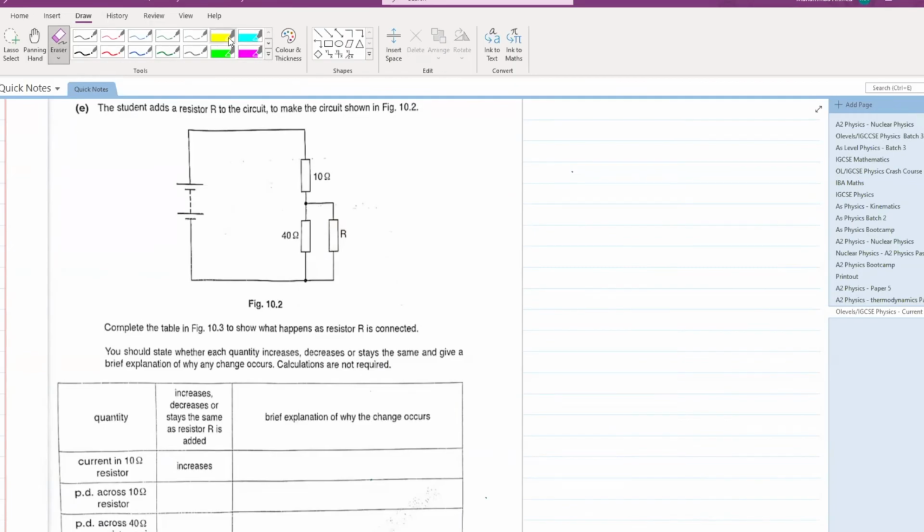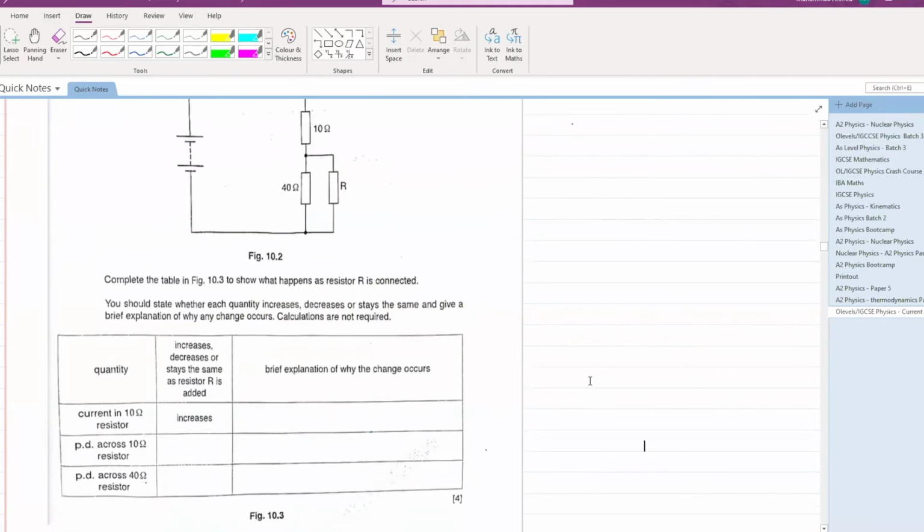Okay, let's read this question out. The student adds a resistor R in the circuit to make the circuit shown in figure 10.2. Complete the table in figure 10.3 to show what happens as resistor R is connected. You should state whether each quantity increases, decreases, or stays the same, and give a brief explanation of why any change occurs. Calculations are not required. As you connect a resistor R in parallel, what will happen?